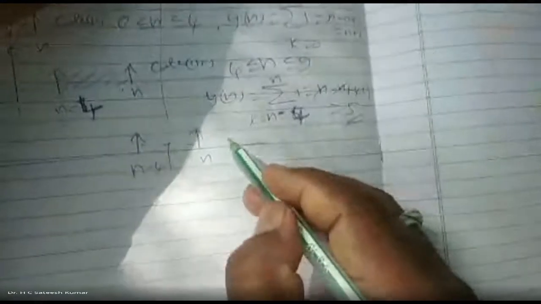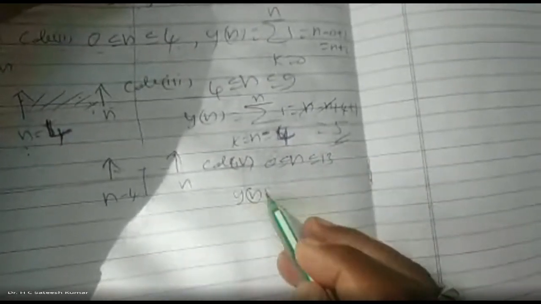So therefore, what should I write? Case number 4: n lies between 9 to 13. y of n is equal to summation, k ranges over the overlapped area, this is the overlapped area, this has gone out now, from n minus 4 to 9 of 1, which is y of n equal to 9 minus n plus 4 plus 1, which is equal to 14 minus n.